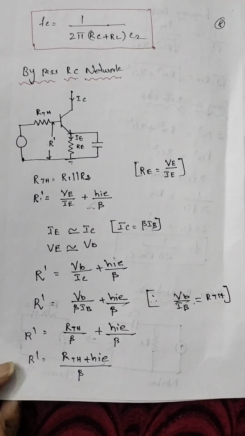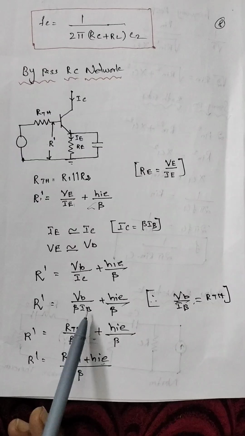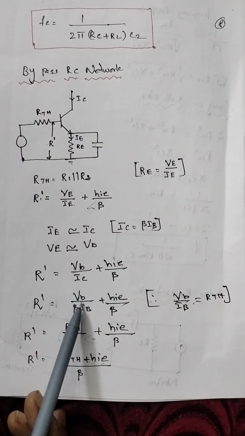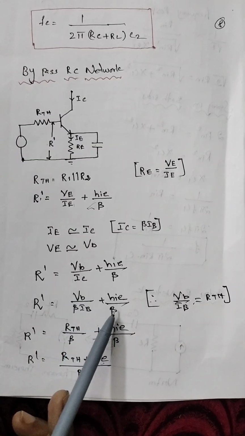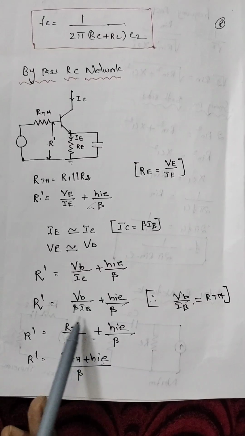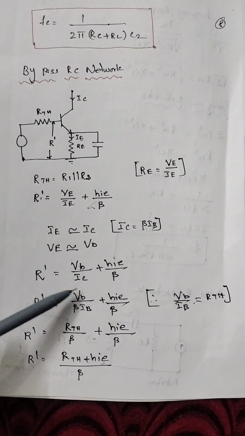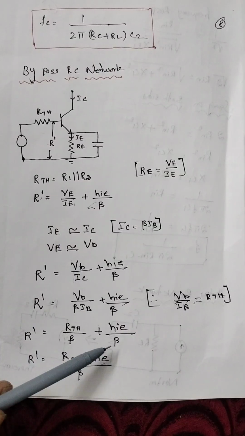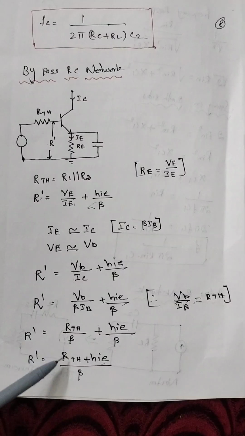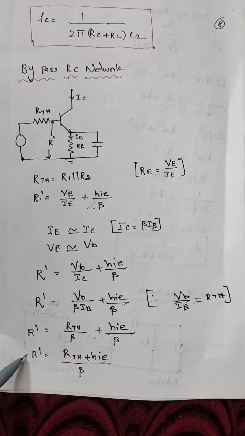IC is equal to beta into IB. Now this is your VB, this is your IB, then HIE by beta. Now rearranging this, are you clear? VB by IB is nothing but RTH by beta. So rearranging this we got the R dash.